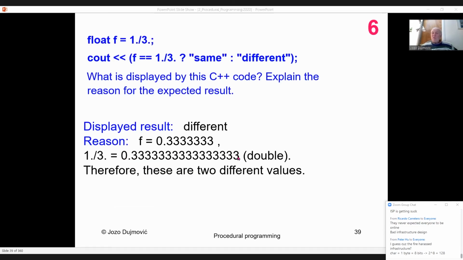Now, when you divide this, you get 0.33333 up to 16 digits. And this is stored in memory as mantissa and exponent. The exponent is 1, and the mantissa is this 0.33333.